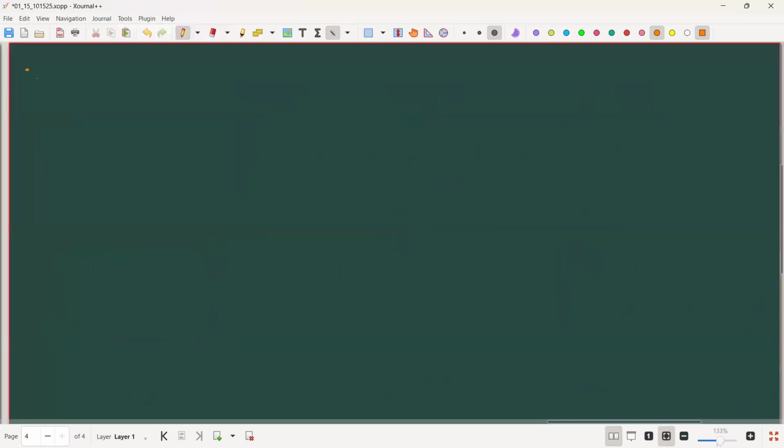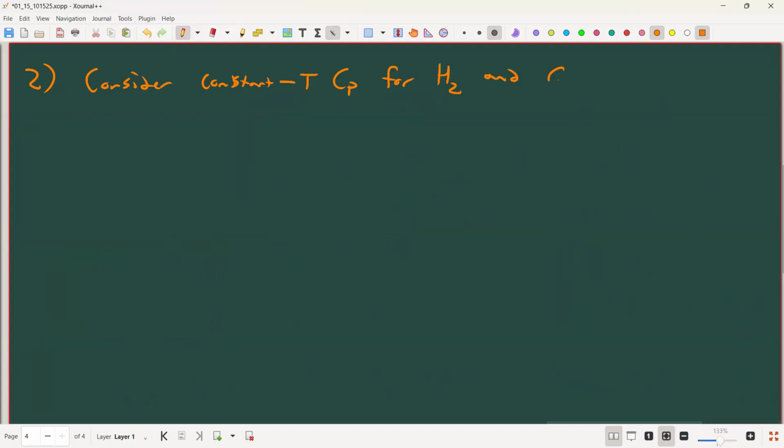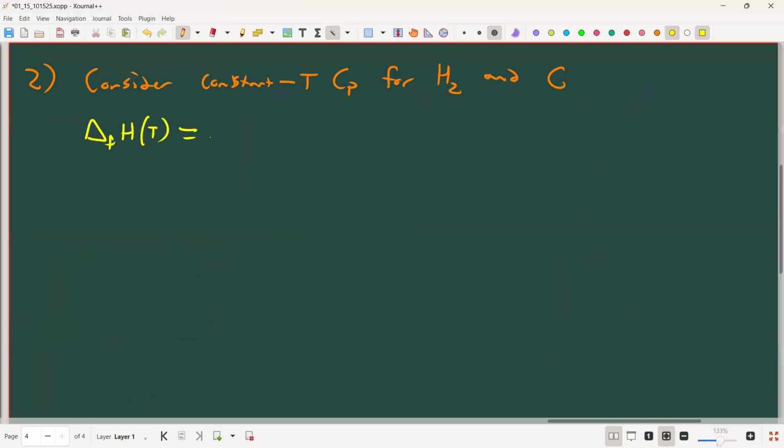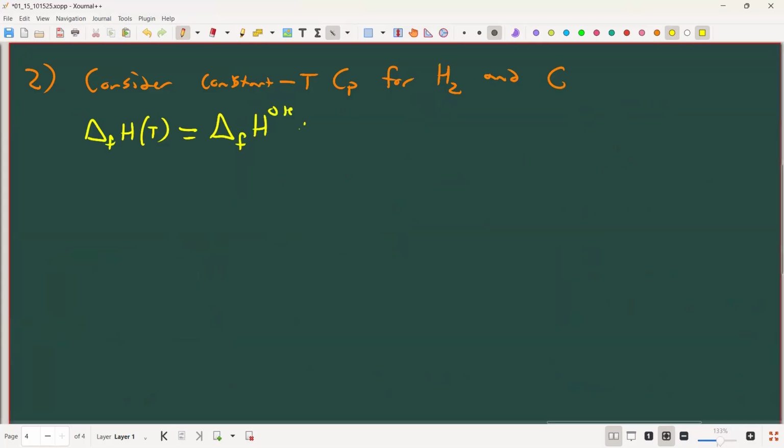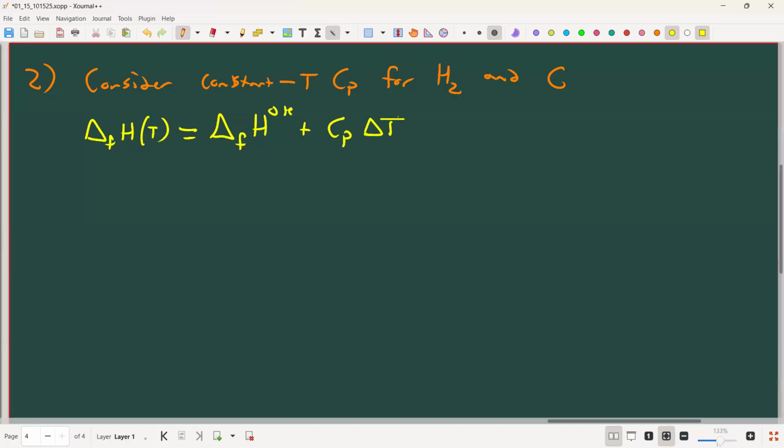So our next step is to consider constant temperature Cp's for H2 and carbon. And we're going to use the fact that the enthalpy of reaction at some temperature is equal to the enthalpy of reaction at 0 Kelvin, or formation, plus Cp delta T. Okay? That's our equation. And so now we have to consider the products and the reactants.